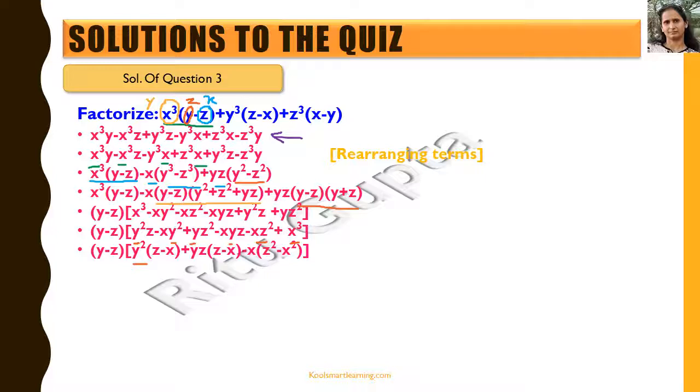And here we take out x, and we are left with z square minus x square. We again use the identity for z square minus x square, and we make it z minus x into z plus x, and then we can take out z minus x from the whole expression. So it becomes y minus z into z minus x, and then y square plus yz minus xz minus x square.